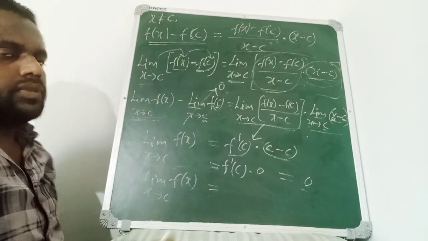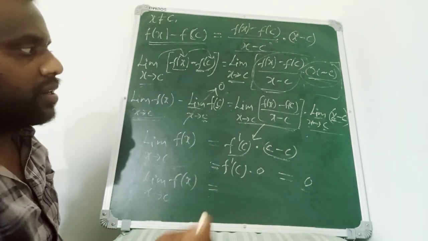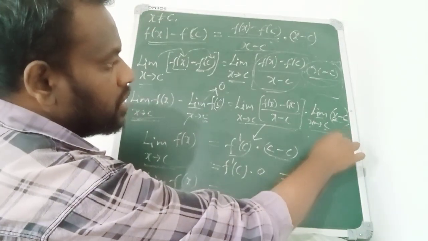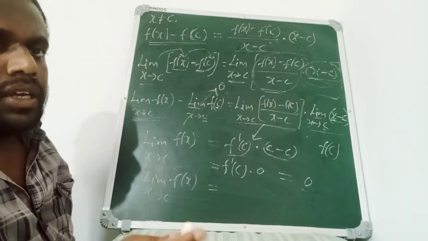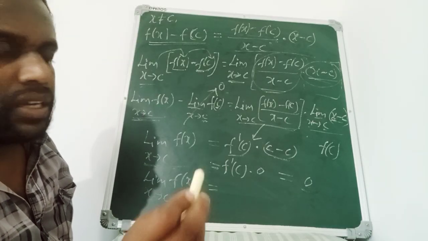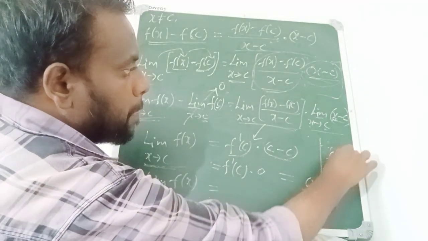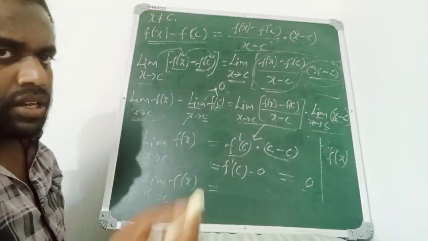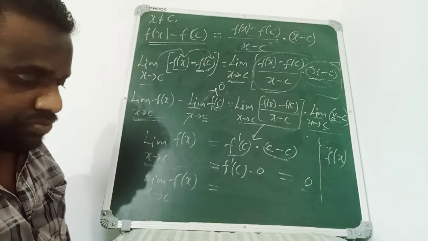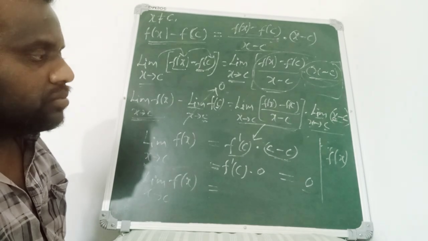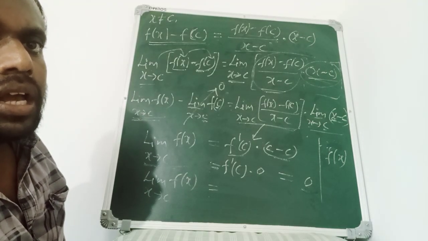See what they have given: function f is differentiable, right? Function f is differentiable. F means f of x; f or f of x, both are the same. They are telling the function is differentiable.